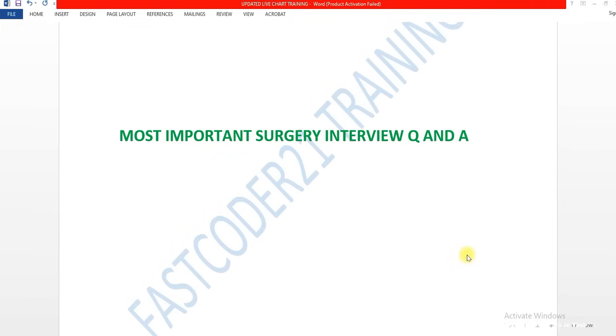So next, when do you use an unlisted code? If we couldn't find any related code for that system, we can append the unlisted code.